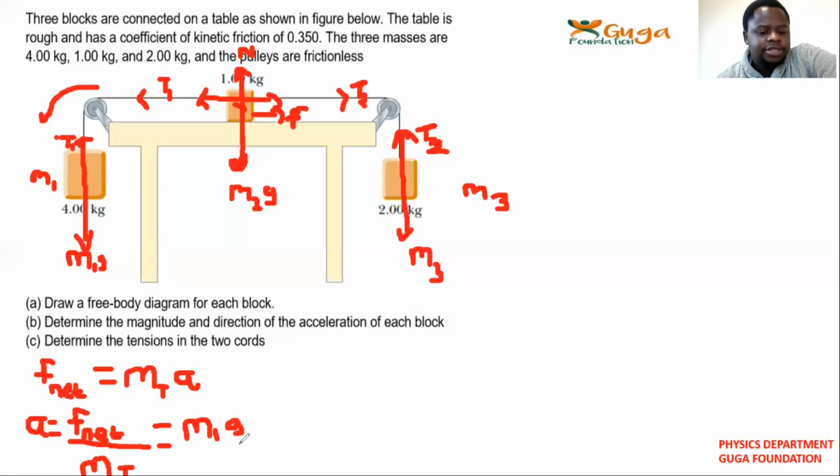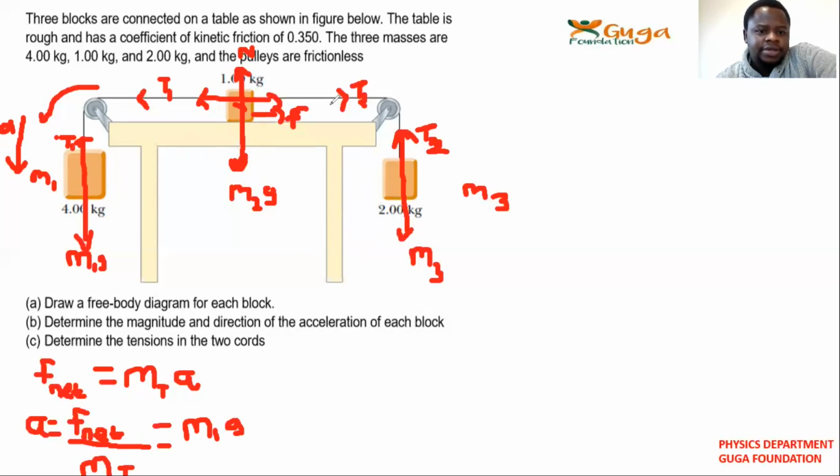It will be M1 G, because this force is going down, and the direction we're choosing, downwards, as positive. It means that the whole system, because here we've got more mass, will try to move in this direction.